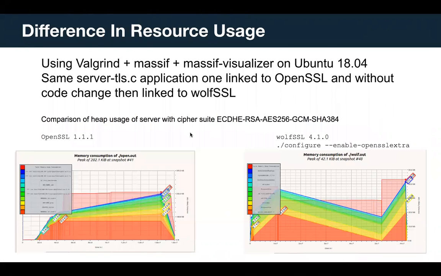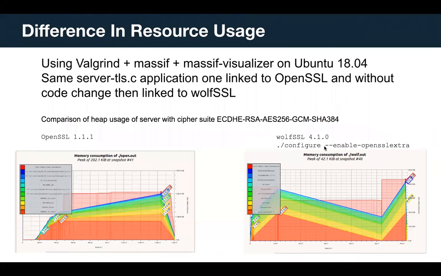With OpenSSL version 1.1.1, the peak heap used during the connection was 202.1 kilobytes. When taking the same example server and linking it against wolfSSL version 4.1.0, the peak heap used was 42.1 kilobytes.